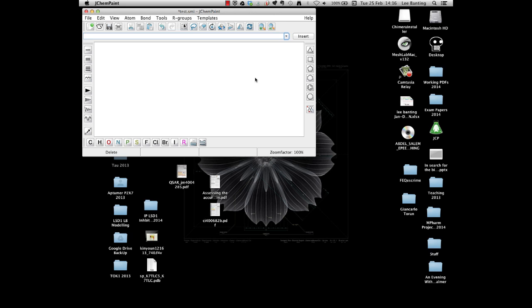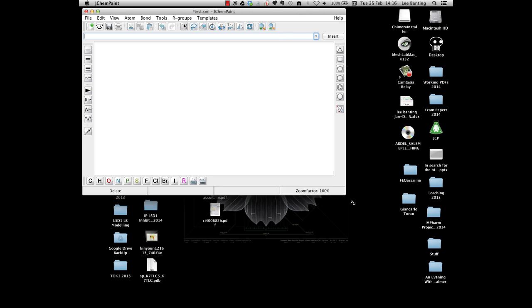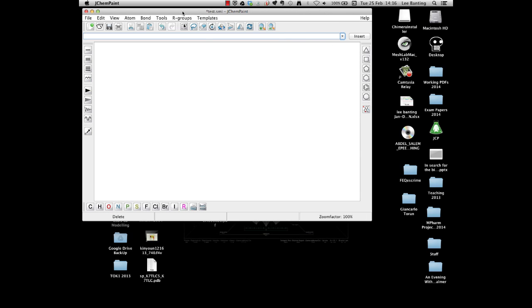I think it's available on many platforms, but this is the Macintosh version. I think it's available to PC users as well. And what we're going to do is paste the SMILES string in that window, insert the SMILES string into the package, and you can see that we generate a two-dimensional structure here. And that demonstrates conversion of 1D SMILES information into a 2D chemical structure.